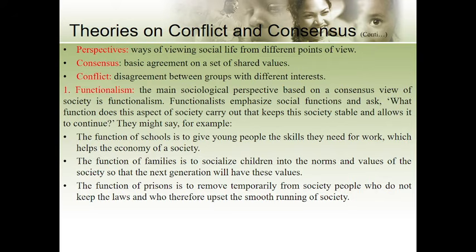So in human society, an increase in crime might become a problem that needs to be tackled, perhaps by getting schools to be better at teaching people to obey the law. Functionalism was the most important perspective in sociology for many years, especially in the early to mid 20th century.